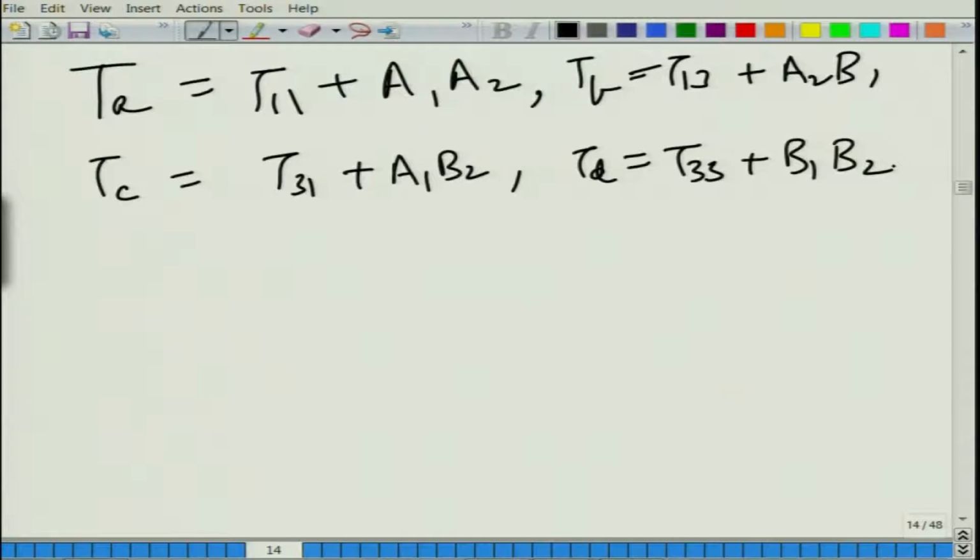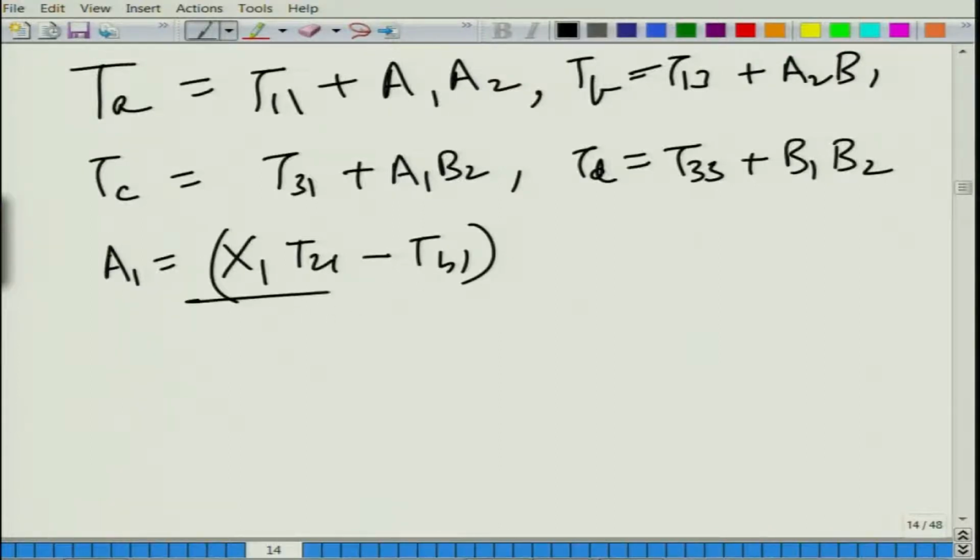So, what are A1, A2, B1, B2? A1 is nothing but another variable x1 times T21, T21 we know, and T41, divided by F1, okay.